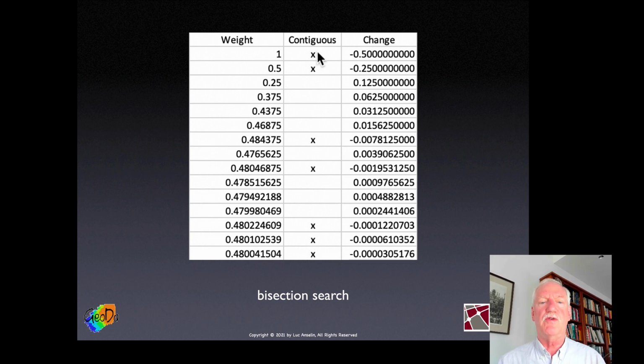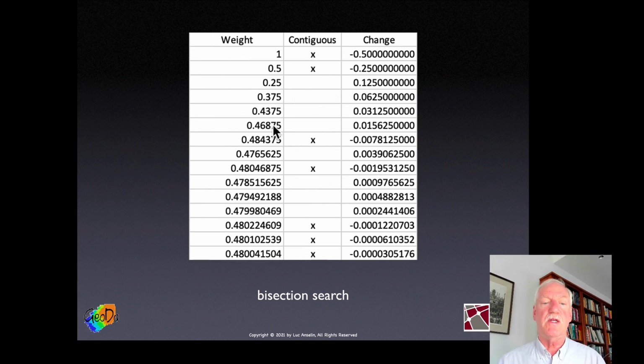We have contiguity. We go to 0.5. So we decrease the weight by half to get this one. We have contiguity. We decrease the weight by half to get this one. We don't have contiguity. Then we have to increase the weight to get 0.375. So no contiguity.